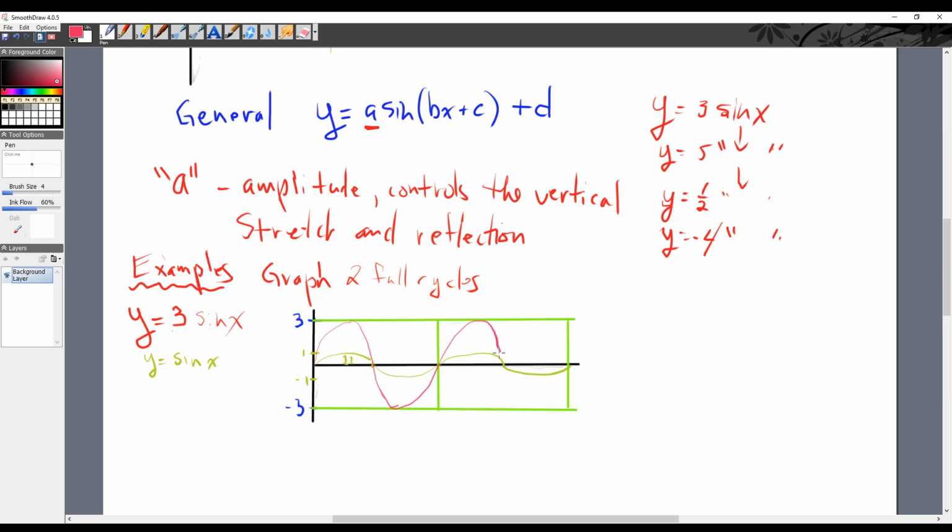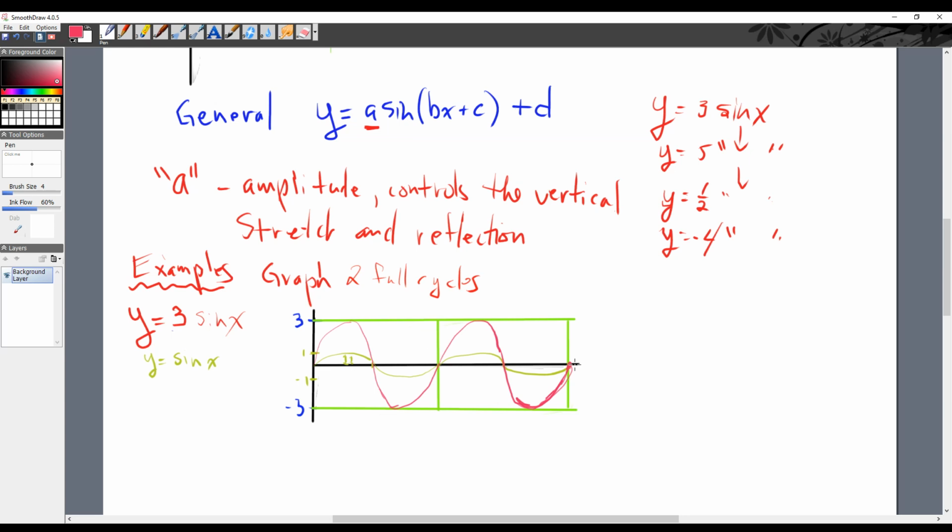If we're tripling the distance from the x-axis, then when the distance is 0, which it is when it crosses, tripling 0 is still 0. So there is 3 sine x.